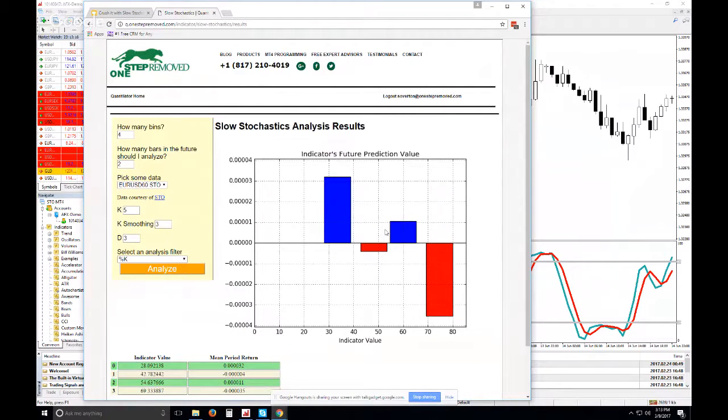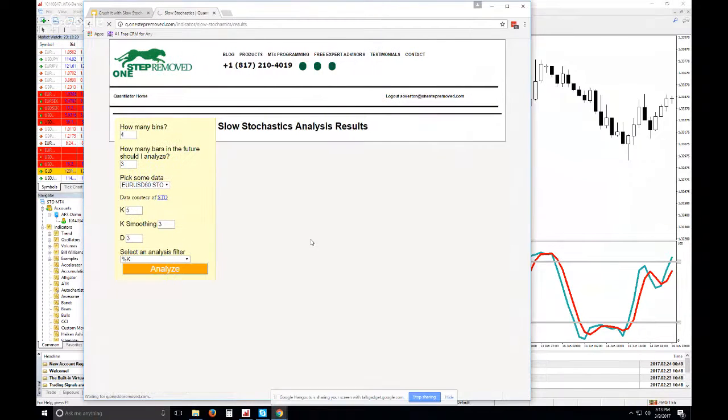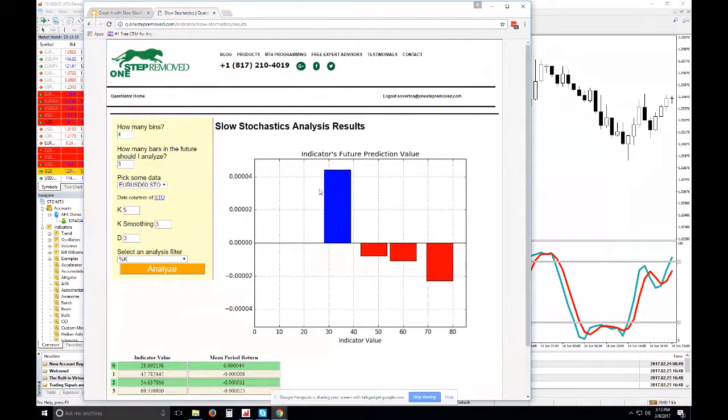So it looks like the effect on these more extreme values might actually be decaying as we go further into the future. So we'll try 3 bars. This is currently on the screen 2 bars in the future. And now I'm going to show you what 3 bars in the future looks like. Okay, so it's basically the same as where we started, kind of plus or minus. At least the relationship is still really clear.